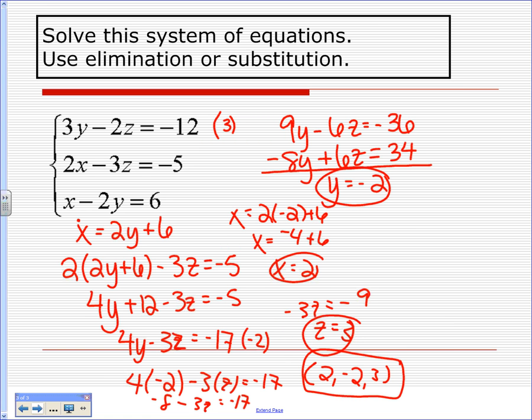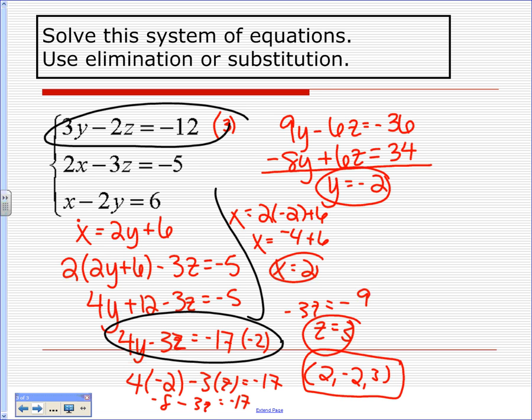And then that's what you should get here. Just simplifying 4y minus 3z. If you subtract 12, you get negative 17. I'm using this equation and this equation using elimination. Does that make sense?